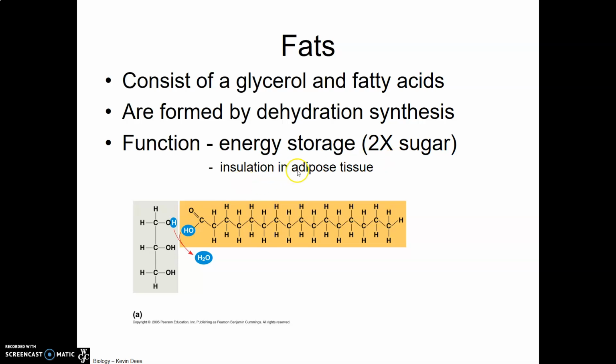And this means that adipose tissue is very, very good at insulating or cushioning things. Now recall that adipose, the word, ends in OSE, but this is not a sugar. It's the exception to the rule there.